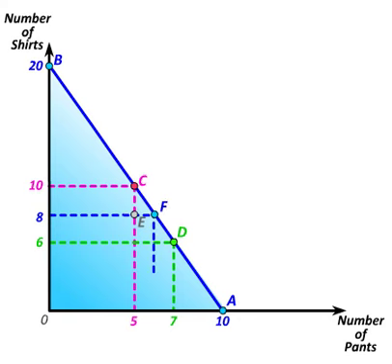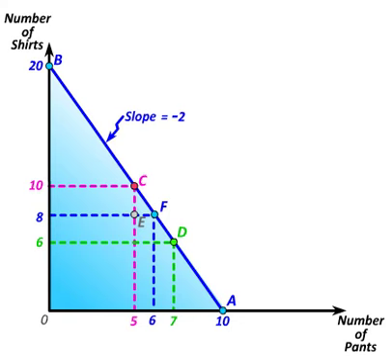So in order to get one more pair of pants, I have to give up 2 shirts, which is why we say that the opportunity cost of a pair of pants is 2 shirts. Starting at point C, giving up 2 shirts means going down to point E. Getting one more pair of pants means going over to the right to point F.